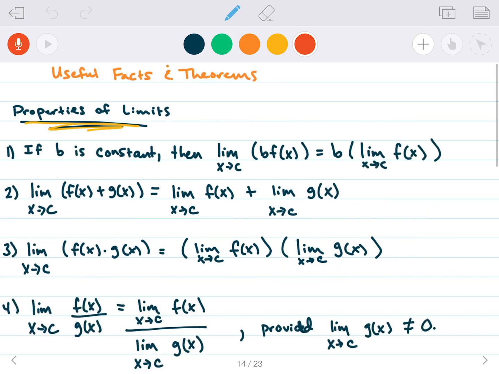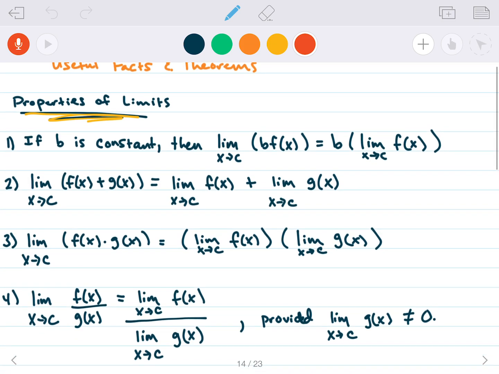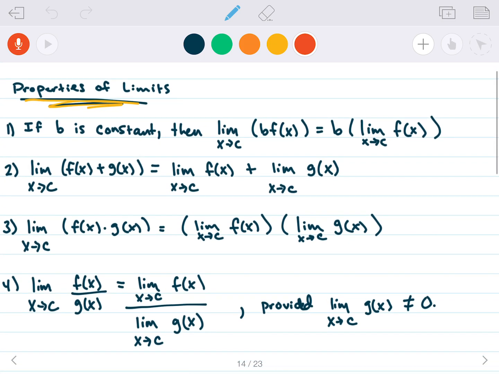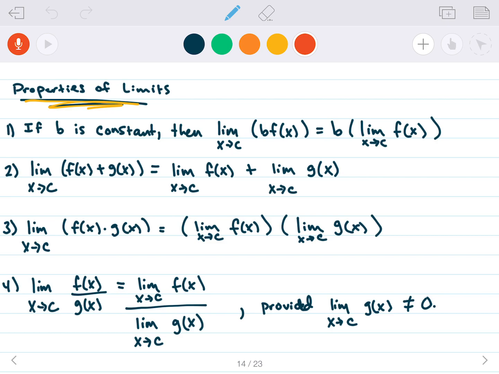All right, so this is going to be something that we talked about in Calc 1, but I want to bring it up again just because you might use it for your homework. These are properties of limits. We've talked about these before, but here they are again.